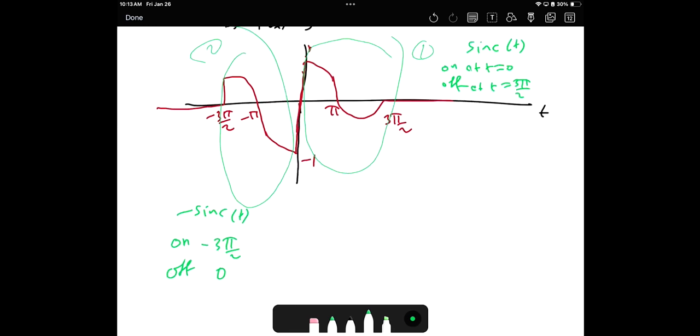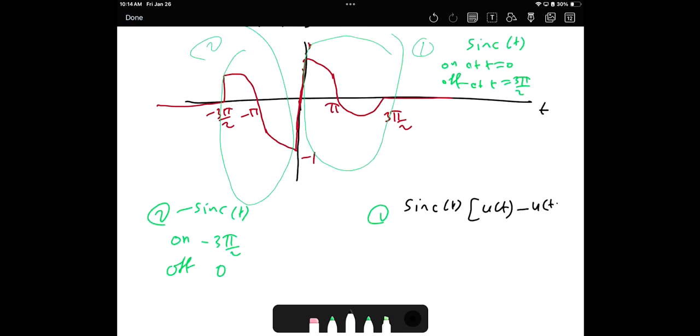So number 1 is sine of t. Since it's on at t equals 0, it will be u of t minus 0, which is u of t. Then subtract u of t minus 3 pi over 2. This is the on time minus the off time. That's what I mean by this.